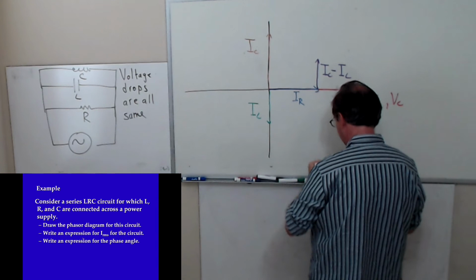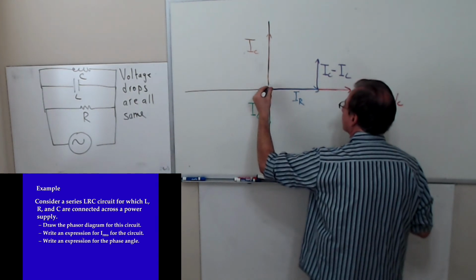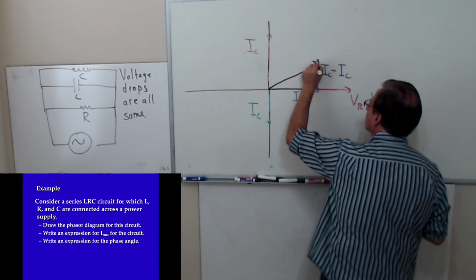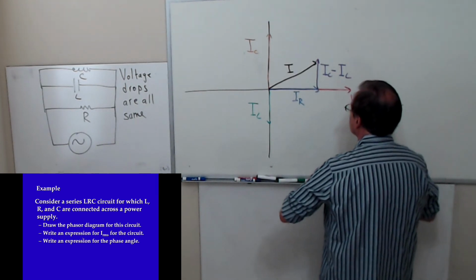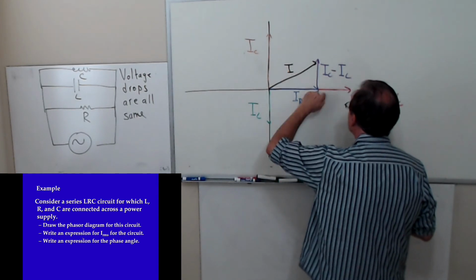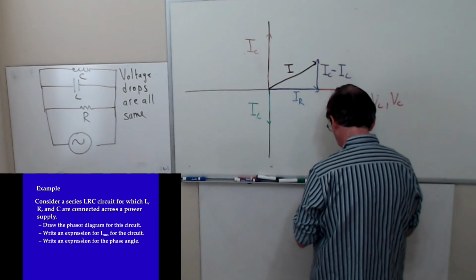And then our total current is this. And then the angle between I and the power supply we'll call phi.